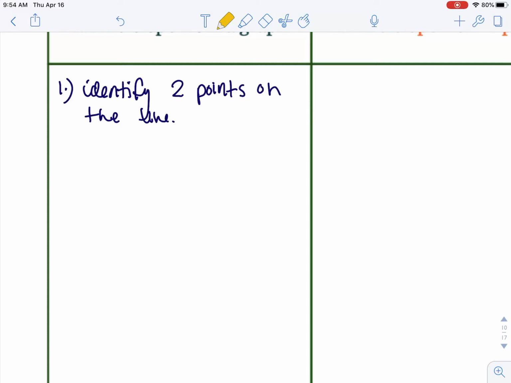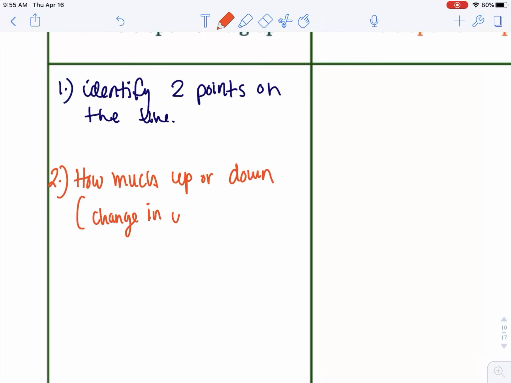So we identified 2 points on the line. Then we look how much up or down, that's your change in y, delta y.